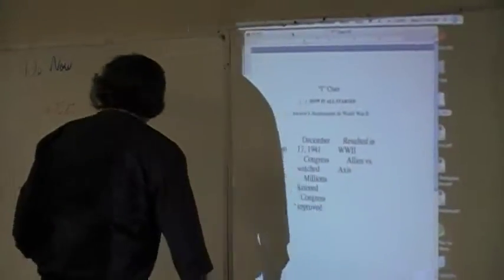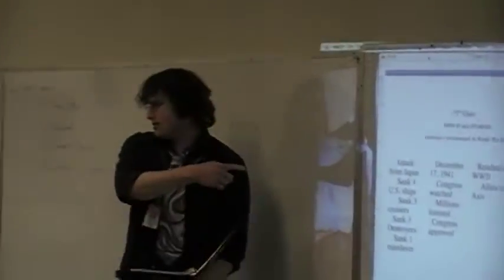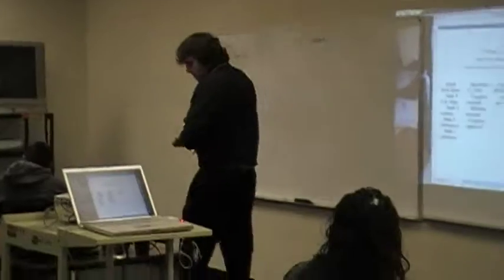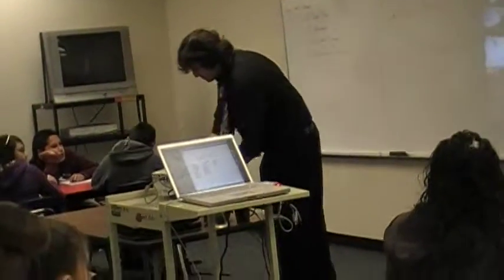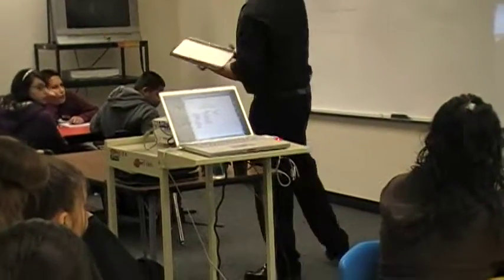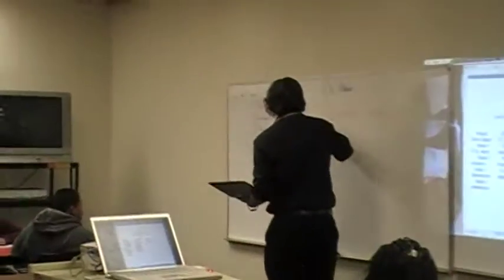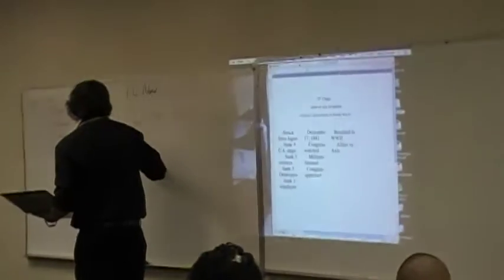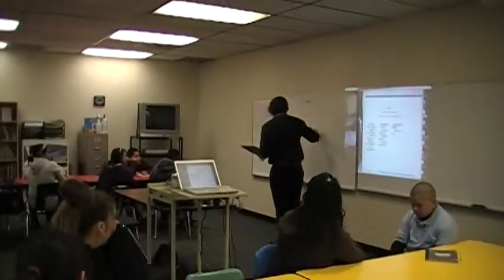So today, we're going to develop a T-chart, and can you guys see it okay? I have my computer developed it as one column that we're going to break up into three.